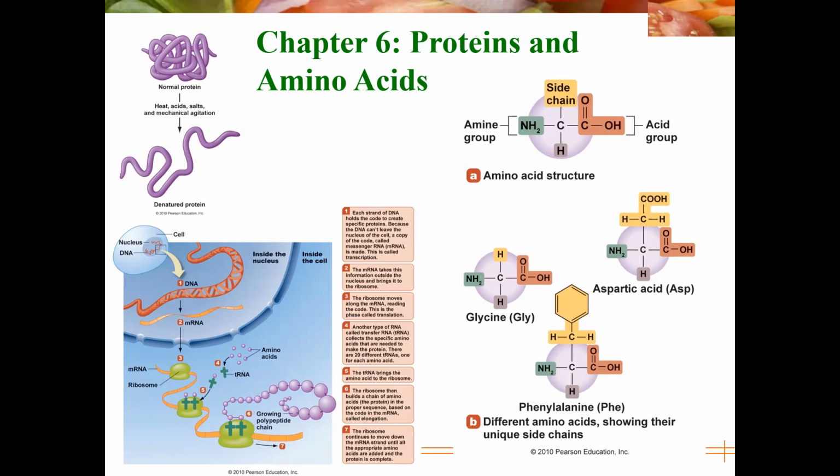Some groups like methyl group are usually added after the protein synthesis, and then the now synthesized protein will fold into three-dimensional structure, and that is the process of post-translation modification.